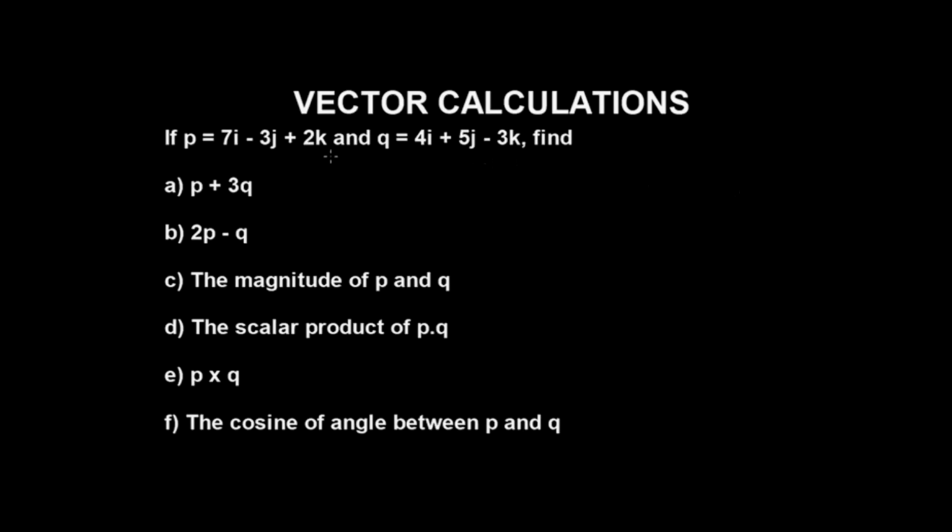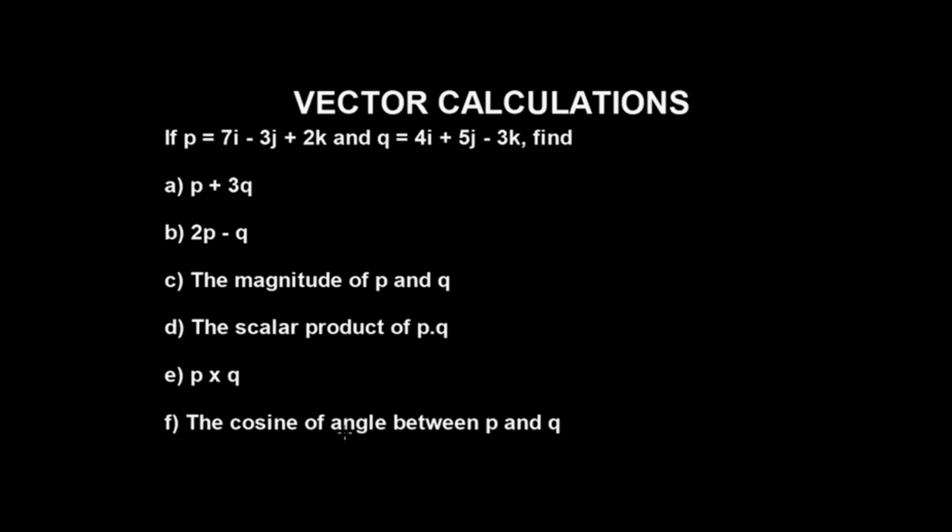Okay, so the question says if vector P equals these values and vector Q equals these values, we have to find A, vector P plus 3 times vector Q, and B part of it, vector 2P minus vector Q. C, the magnitude of vector P and Q. D, the scalar product of vector P and Q. E, the multiplication of vector P and Q. And F, the cosine of the angle between vector P and vector Q. So guys, they are very, very simple questions with the calculator.